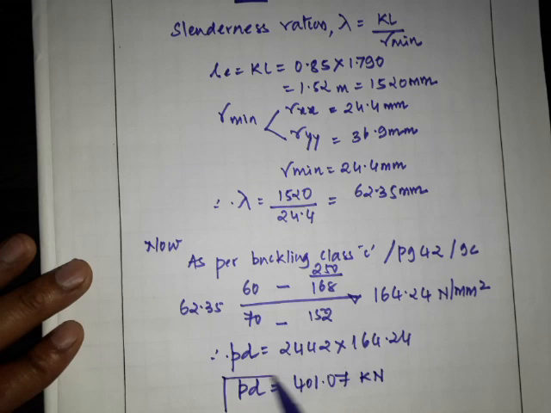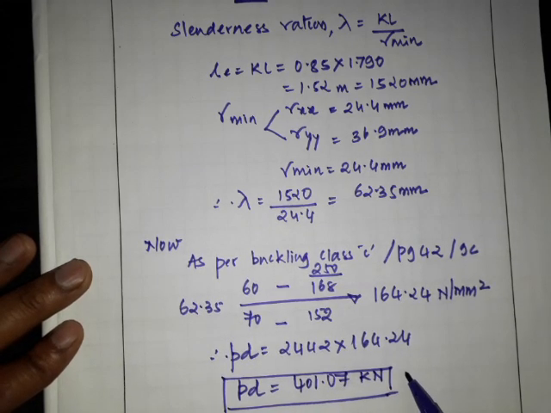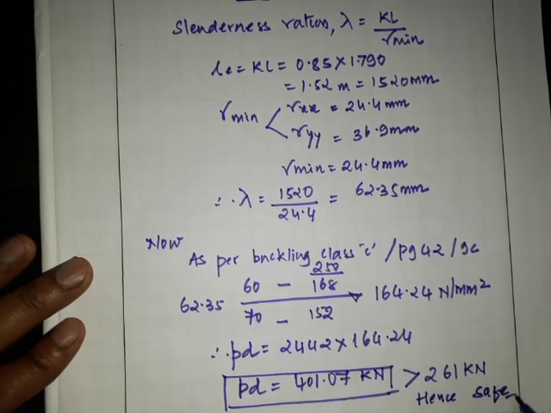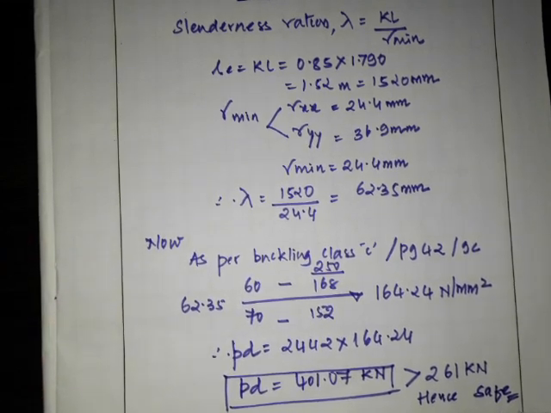So the compressive force that can be carried by the angle is 401.07, which is more than 261 kilonewton, hence safe. Now it is the end of design of principal rafter.